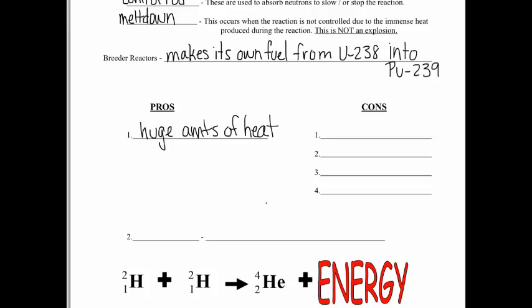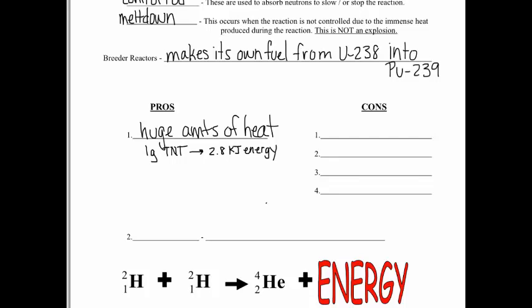To give you an idea of what that looks like, let's say I had 1 gram of TNT dynamite. If I exploded that 1 gram of TNT, I would get 2.8 kilojoules of heat energy.